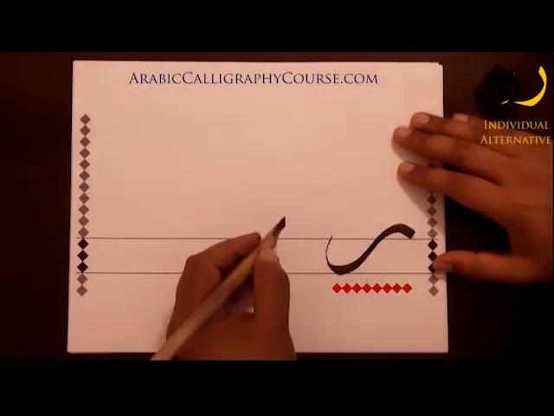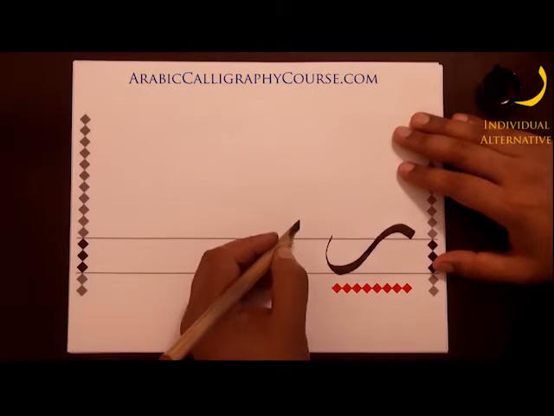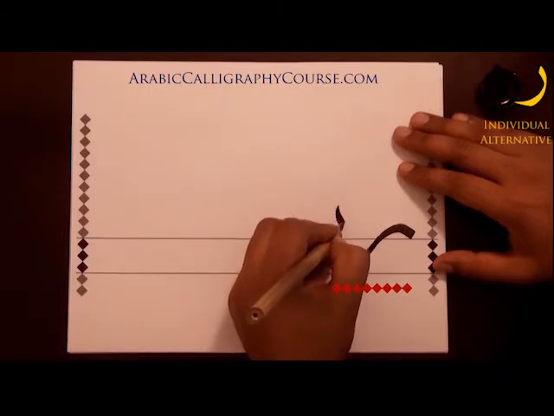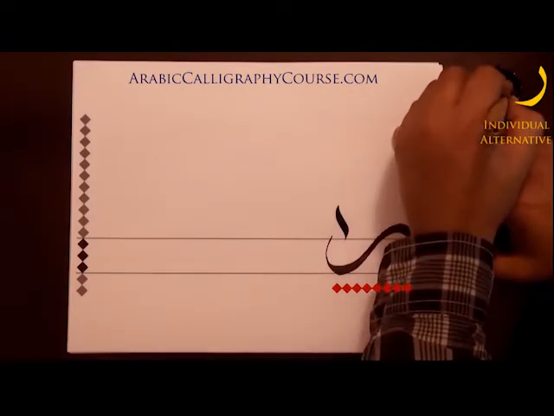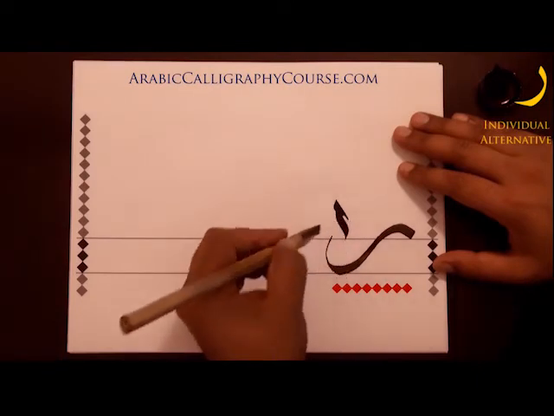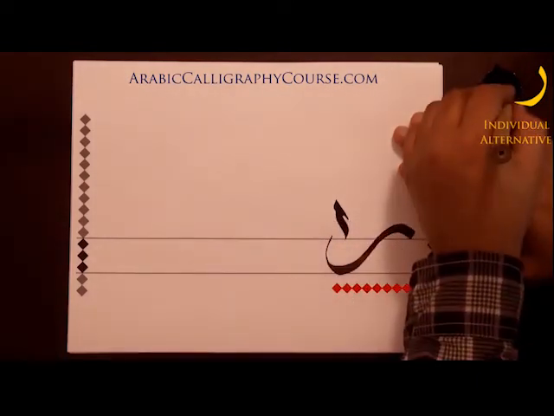Another version of writing the ra in Thuluth is by scripting a stroke that is about 3 nuqtas high, and then you can create a flick on top of that.